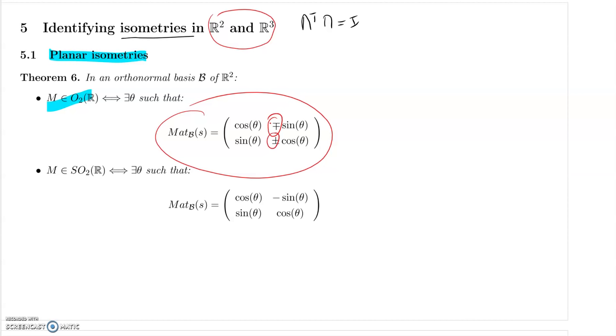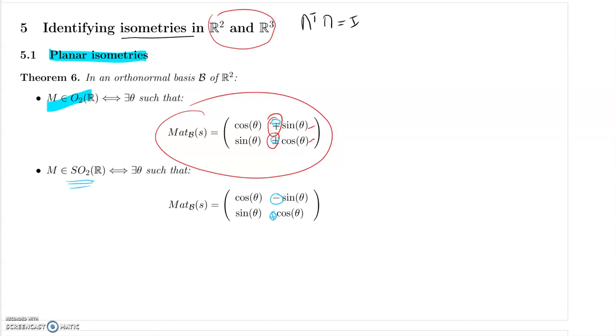If we have a minus sign here, we will get a plus cosine, and if we have a plus sign here, we will get a minus cosine. If we make the first choice, with a minus here and plus here, it corresponds to a direct one.